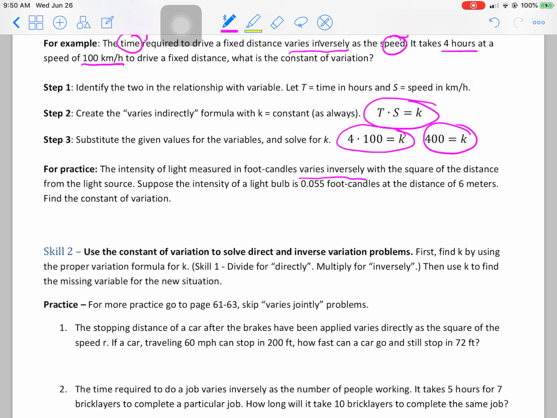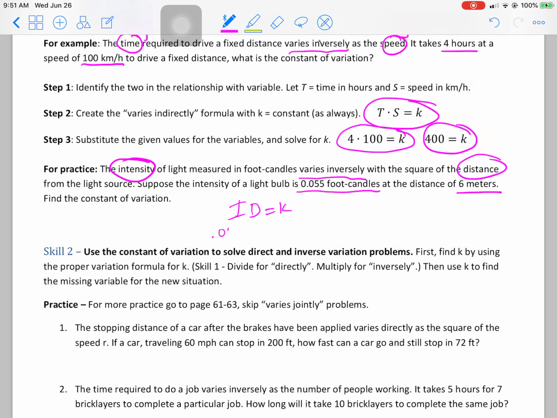Let me finish this one. The intensity of the light measured in foot candles varies inversely with the square of the distance from the light source. The intensity is in foot candles, distance of 6 meters. Okay, varies inversely means I'm multiplying together to get K. So let's go intensity times distance equals K.